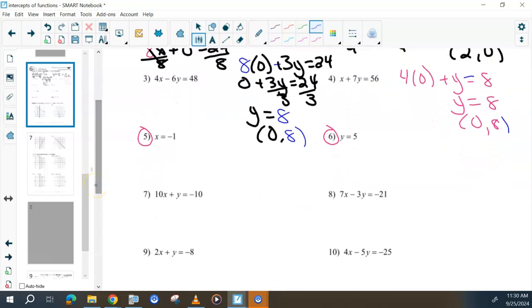So in example 5, this is giving you the x-intercept. You don't need to solve for it. That is it. Write it as an ordered pair. That's simple. But if this is an x equation, is that going to be a vertical or horizontal line? Vertical.